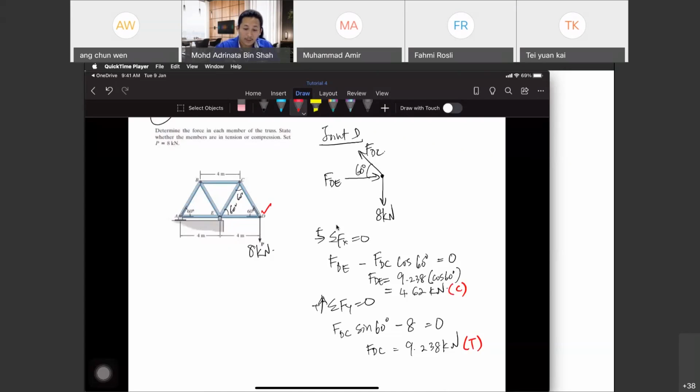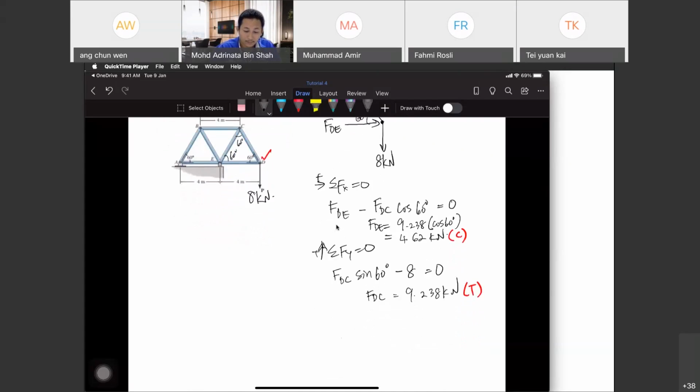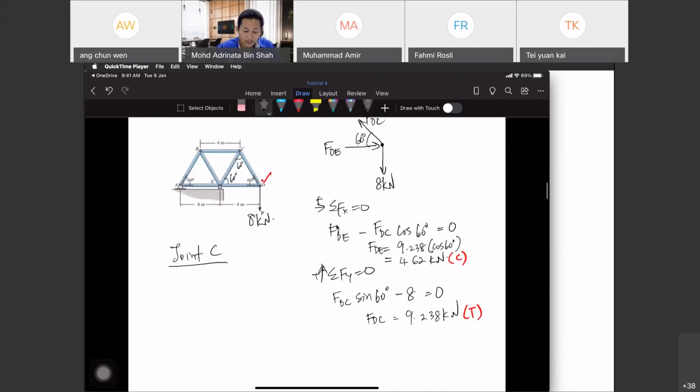Joint D. Now we are going to solve joint C. Okay. So dekat C kita ada left dan FCE, 60 degree, FBC.